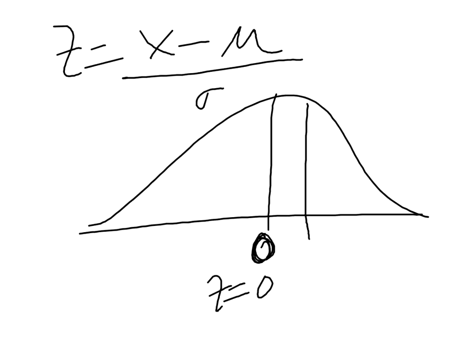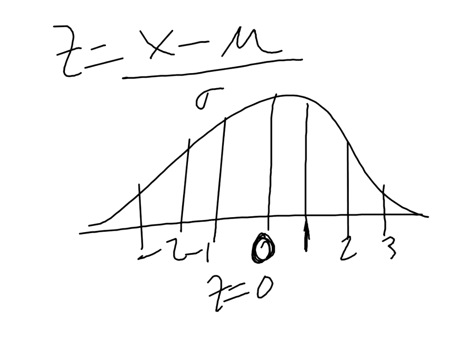And then we have 1, 2, 3 standard deviations above the mean, and then minus 1, minus 2, and minus 3 standard deviations below the mean. But a z-value of 0 is the symmetry line for our graph.